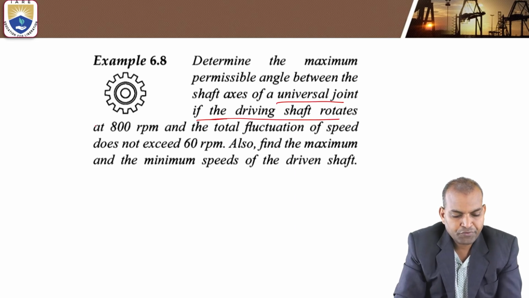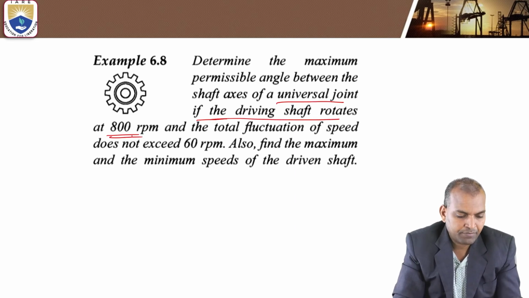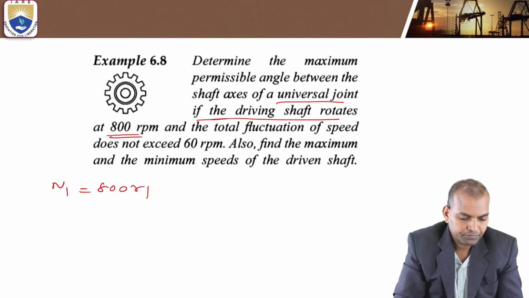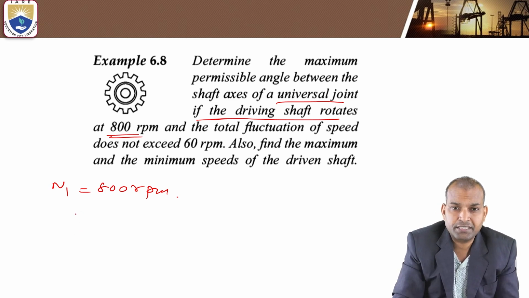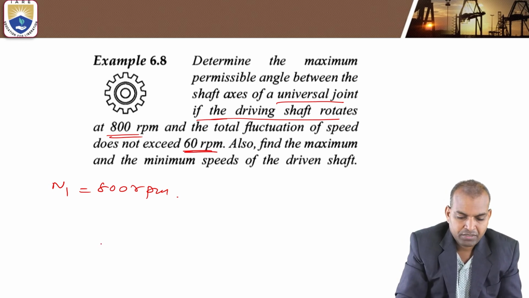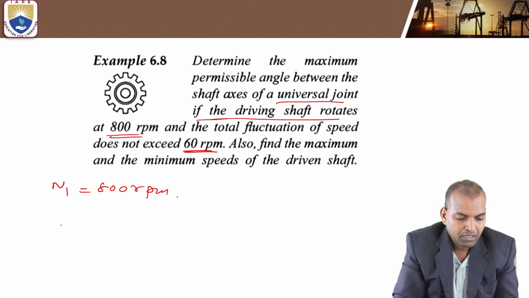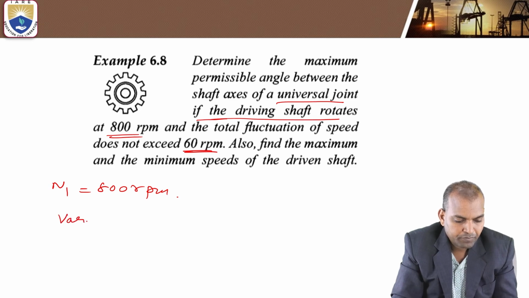If the driving shaft rotates at 800 rpm, that is the speed of shaft 1, and the total fluctuation of speed does not exceed 60 rpm, that means the maximum variation of the speed is equal to 60 rpm.